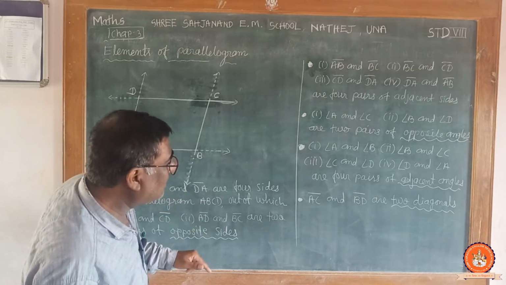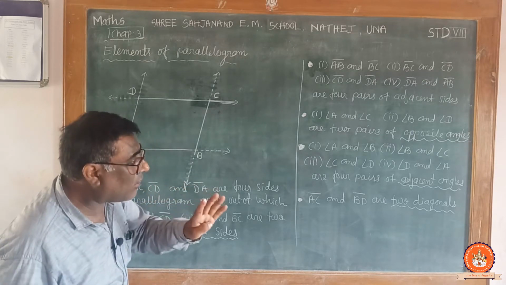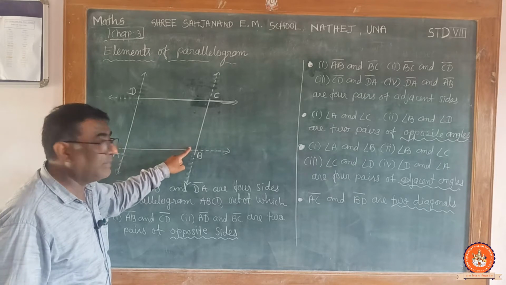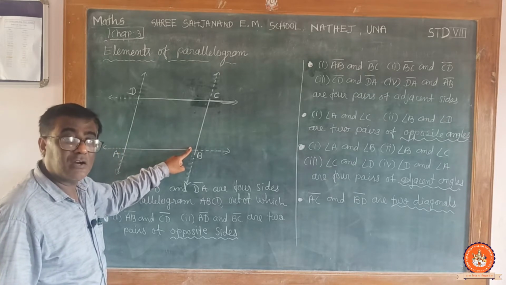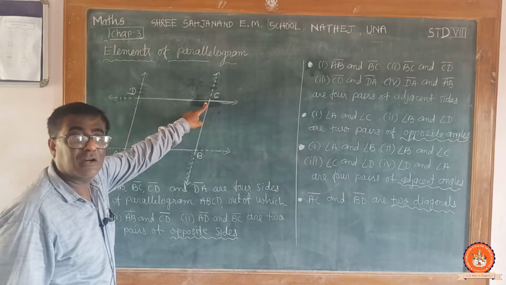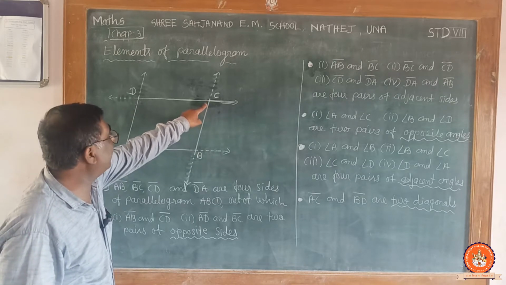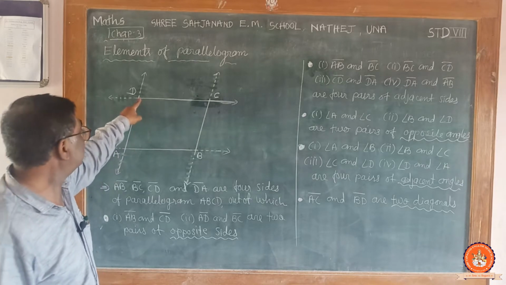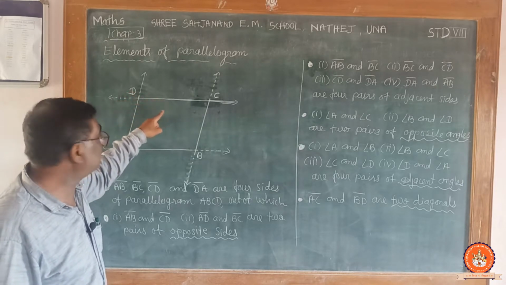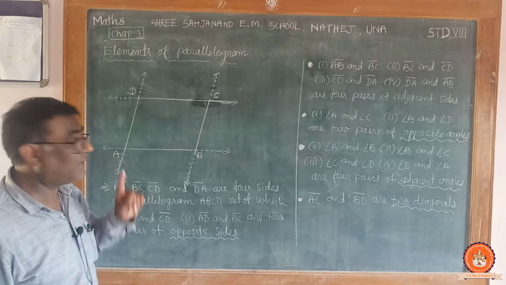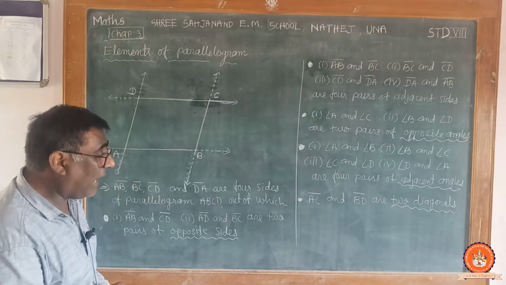Okay, and four pairs of adjacent angles, पास वाला. Angle A and angle B is the first pair of adjacent angles, angle B and angle C is the second pair, angle C and angle D is the third pair, and angle D and angle A is the fourth pair of adjacent angles.